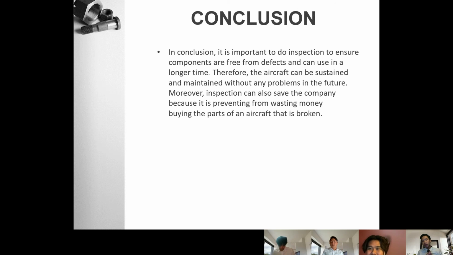Now we are at the end of our presentation about the inspection of the hydraulic system. For the conclusion of everything we have discussed, I am going to pass to Muhammad and Nakyuddin to elaborate on what we have learned about this inspection.